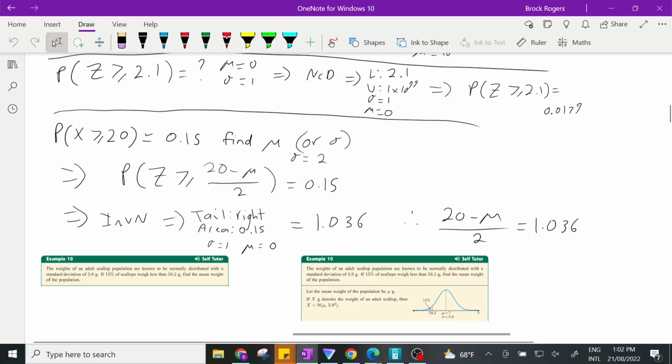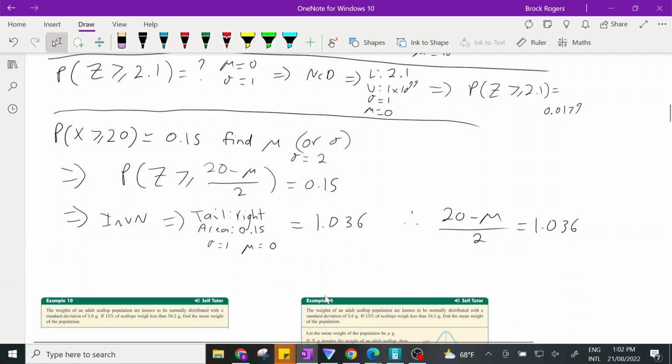Technically, that is how many standard deviations above the mean you are, above because it's positive, and that decimal is equal to this. You can then put that into that equation here, and then rearrange and solve. So you do that times 2, so that'd be 2.072, and you would rearrange, so that would become 20, take that.